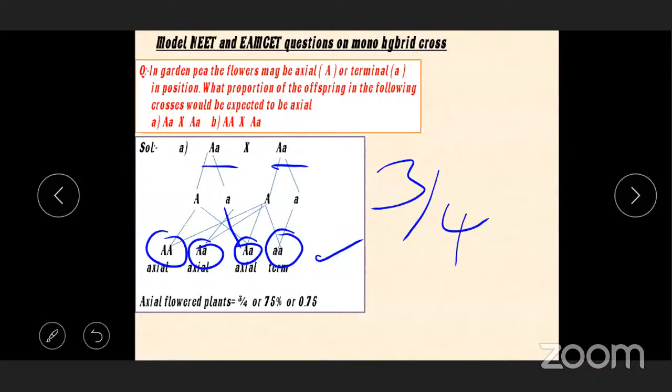Or out of 100%, how much is the axial percentage? 75%. So in the first situation, what is the axial proportion, the axial probability? 3 by 4, or 75%, or 0.75.